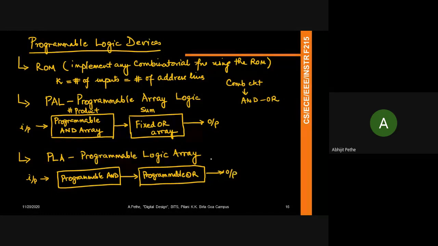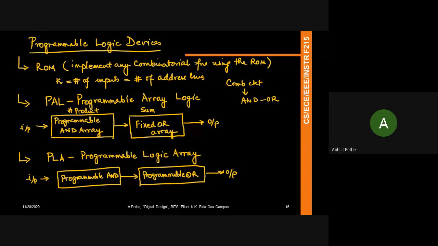The drawback between the two, obviously, is that the PLA is going to be a larger chip, because you've made it programmable for both AND and OR. Whereas this chip, because you have a fixed OR array, is going to be slightly smaller and slightly less expensive. Once you add more programming flexibility to your chip, it's going to increase the cost of the chip.